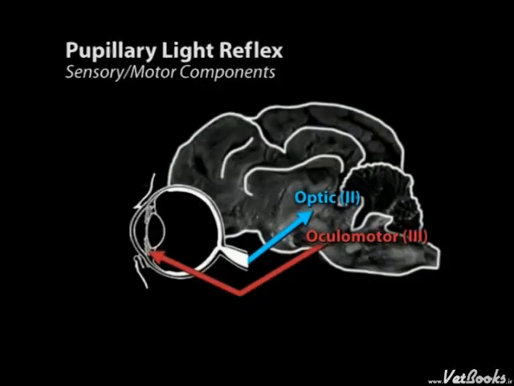It's important to be aware that the presence of the pupillary light reflex does not necessarily mean the animal can see. The pupillary light reflex is subcortical, so a lesion in the cerebral cortex can cause blindness without affecting the reflex pathway. It's important to also recognise that you don't need an awful lot of photoreceptors to be stimulated to obtain a pupillary light reflex.